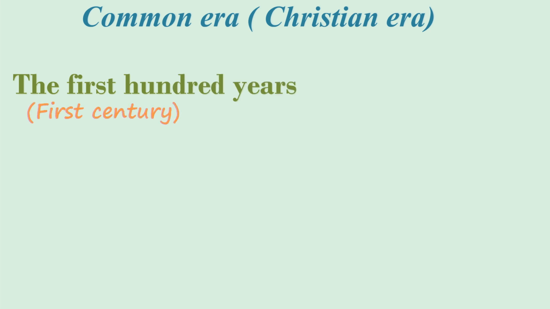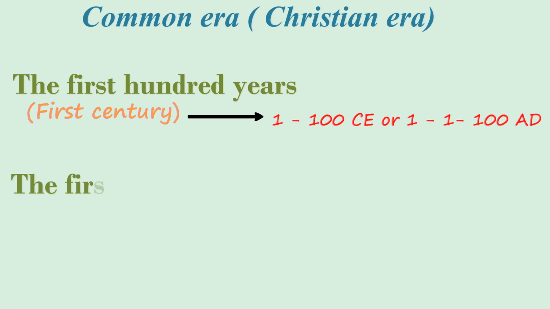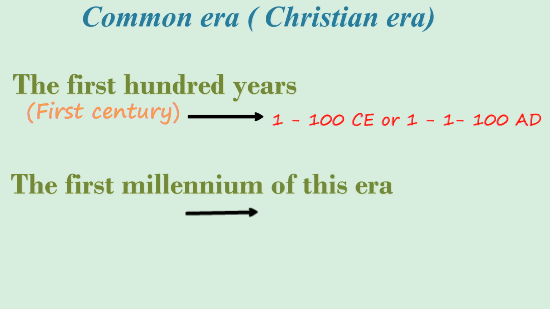The first 100 years, that is, the first century of this era, is written as 1 to 100 CE or 1 to 100 AD. The period of the first millennium of this era is written as 1 to 1000 CE or 1 to 1000 AD.